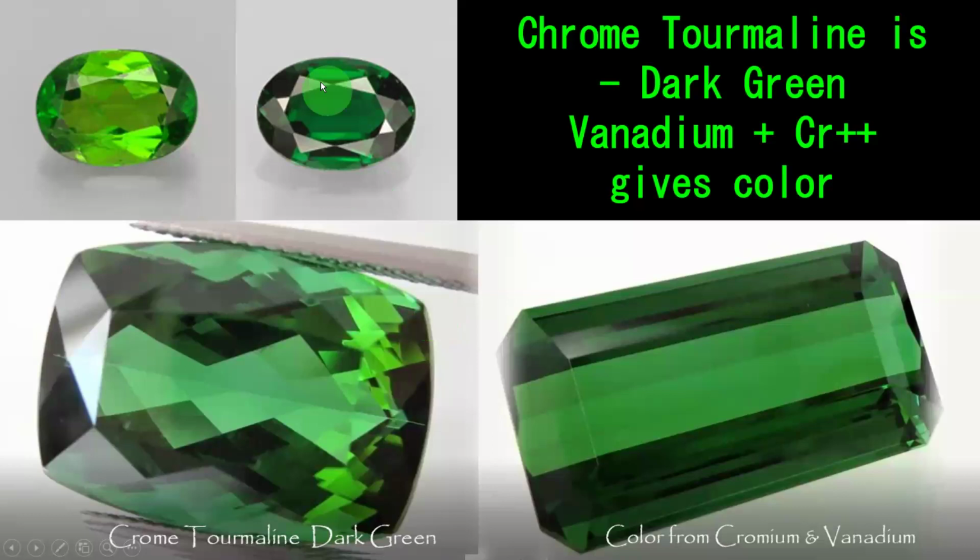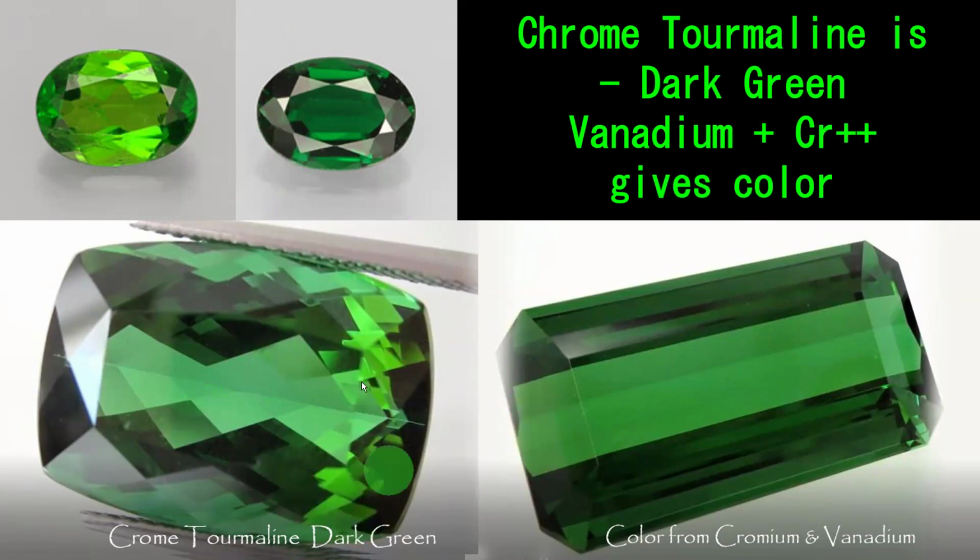Now we can see here a special one. Vanadium-mixed tourmaline. Very expensive. Very rare. Chrome tourmaline is dark green. Vanadium plus chromium gives the color. These are the chrome tourmaline varieties.